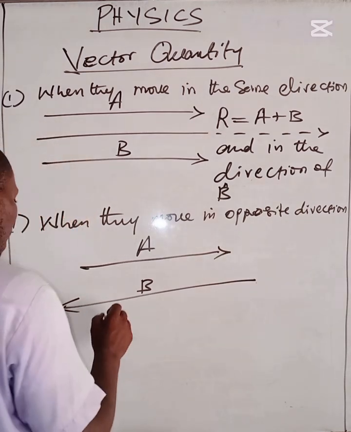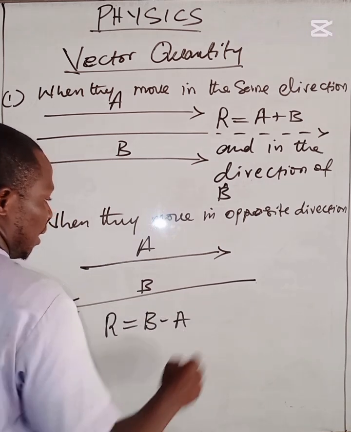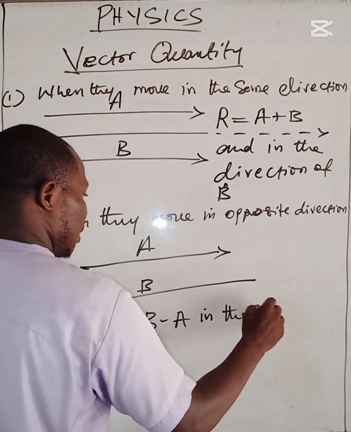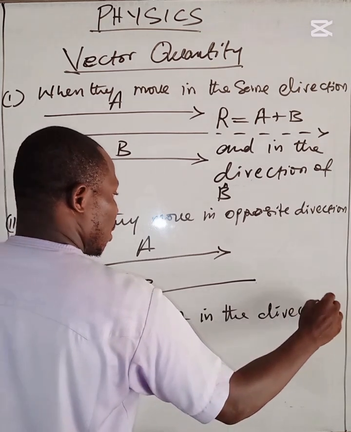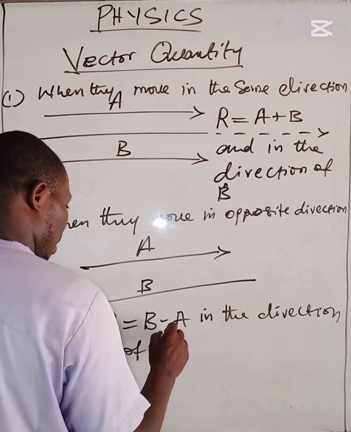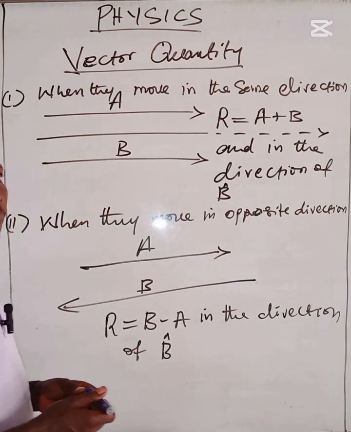The resultant vector here, R, is going to be B minus A in the direction of vector B, or in the west direction.